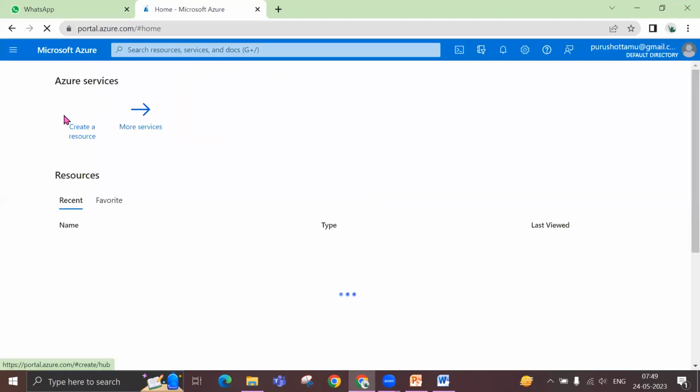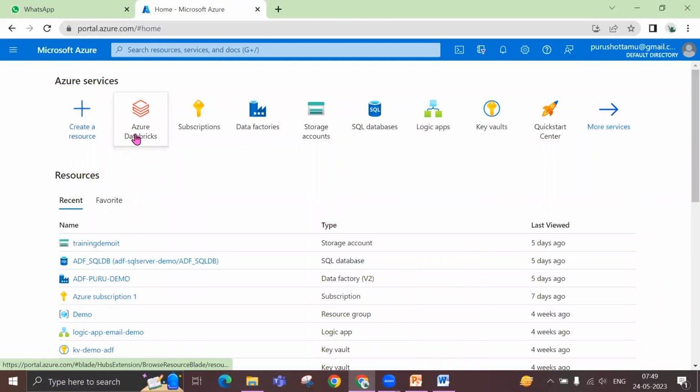So when you go to the portal, you see Azure Databricks is a service, right?